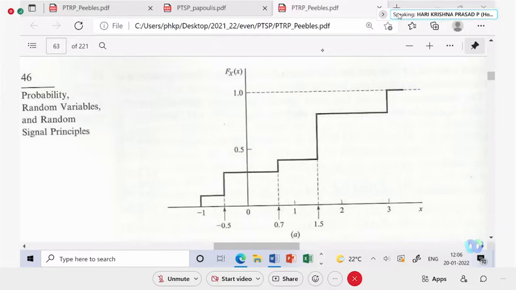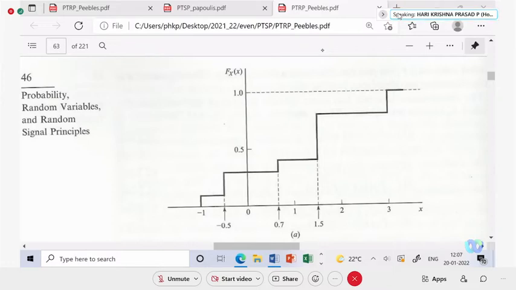Fx of infinity is the probability of x taking a value of minus 1, plus the probability of x taking a value of minus 0.5, plus the probability of x taking a value of 0, plus the probability of x taking a value of 0.7, plus the probability of x taking a value of 1.5, plus the probability of x taking a value of 3. Is it clear, please?